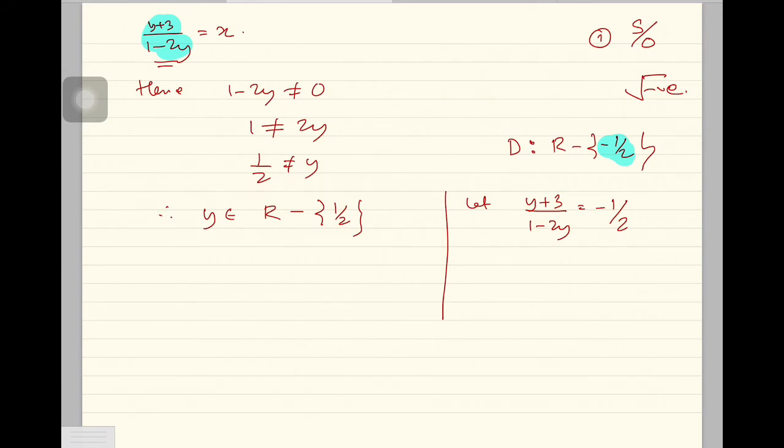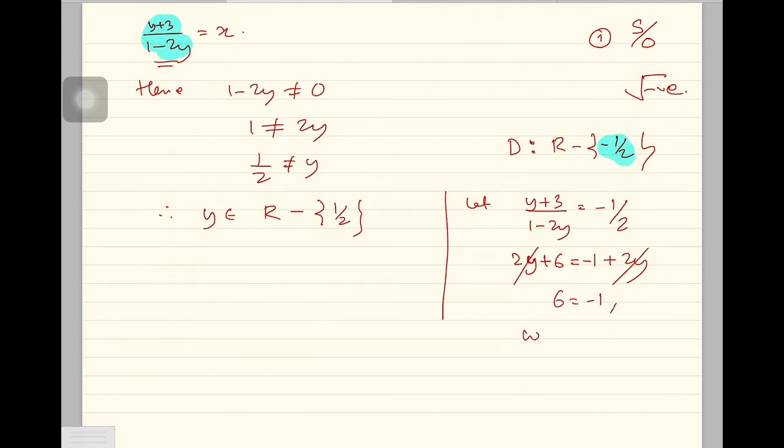Let us say when I put some real value of y, the answer of this fraction becomes -1/2. That is, x will become -1/2, which should not happen, isn't it? In that case, 2y + 6 = -1 + 2y, isn't it? 2y and 2y get cancelled, 6 equals -1, isn't it?